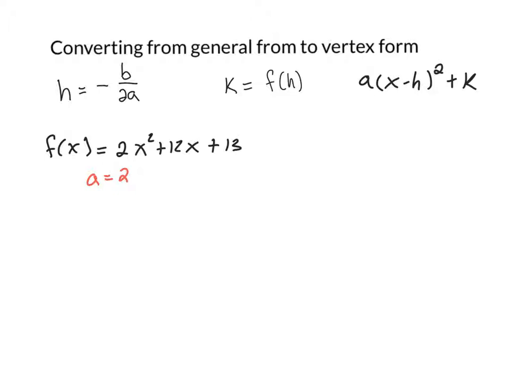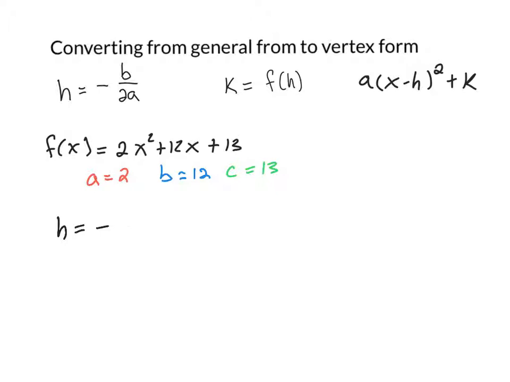The coefficient on x squared, which we call a, is equal to 2. The coefficient on x, which we call b, is equal to 12. And the constant term, which we call c, is equal to 13. So a is 2, b is 12, and c is 13. To compute h, I plug in these numbers. h is equal to negative b over 2a.